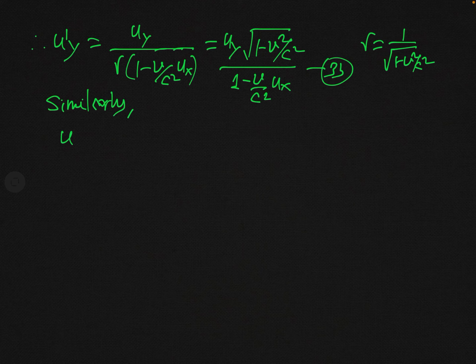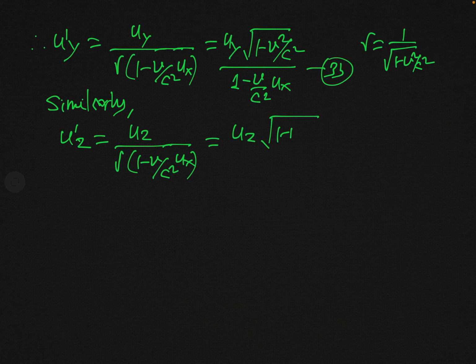Similarly, we can write that this u prime z will be equal to uz over gamma times 1 minus v over c square into ux, and we equivalently may write it as uz times root over 1 minus v square by c square over 1 minus v by c square into ux, and this is, let us say, 3c.